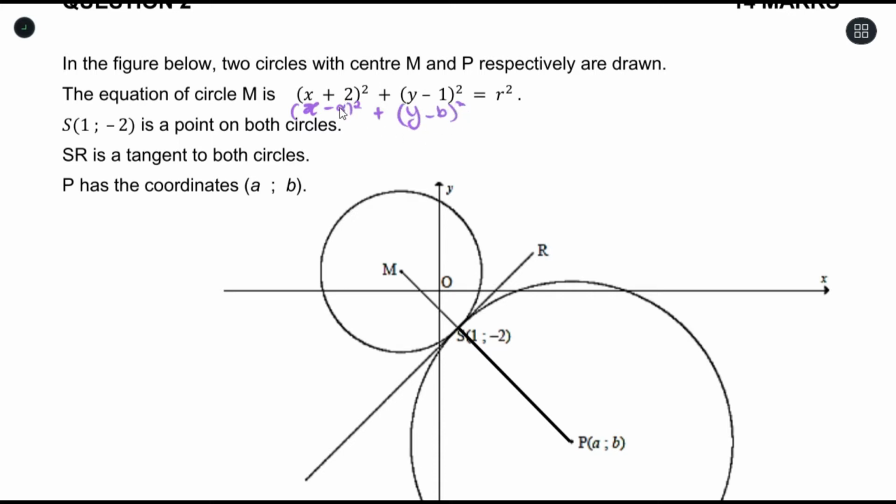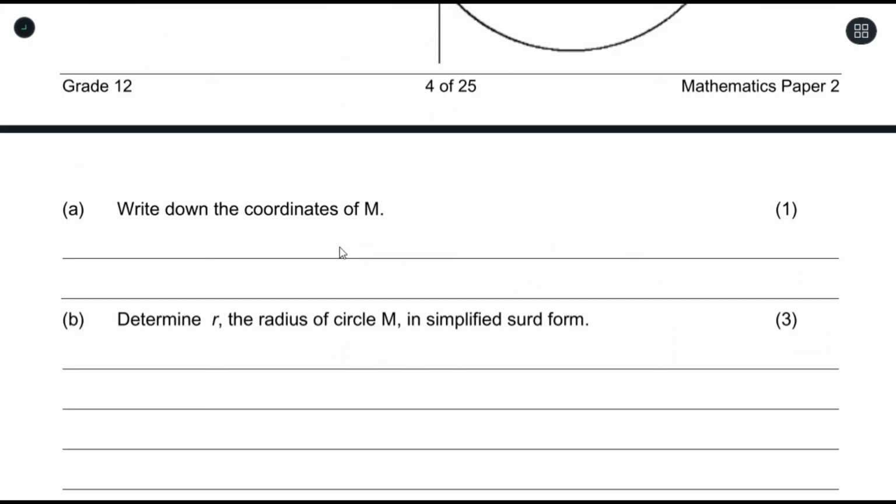So we can say that our a would be −2 from here, which is our x coordinate, and our b would be positive 1 from there. Okay, so our coordinate will be (−2, 1).